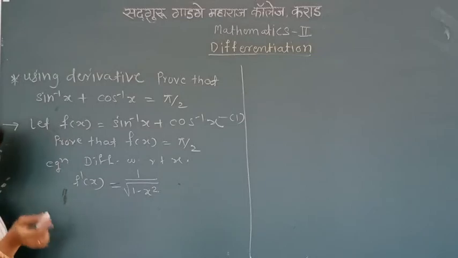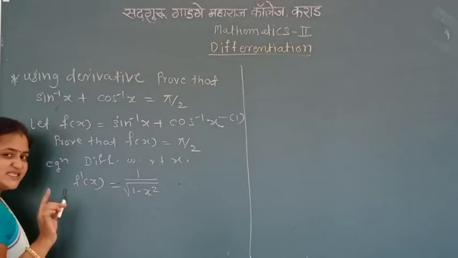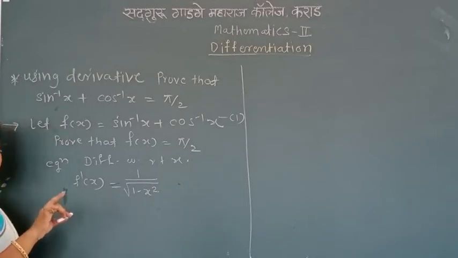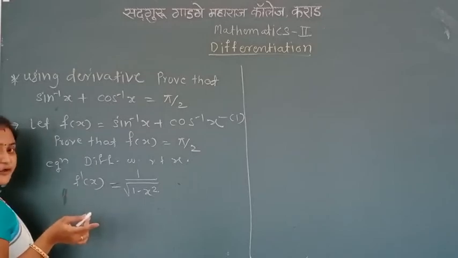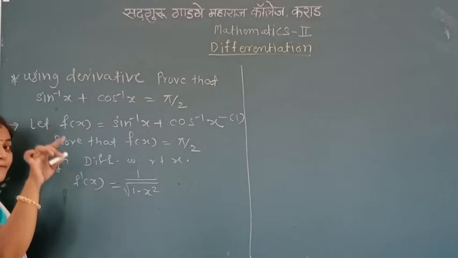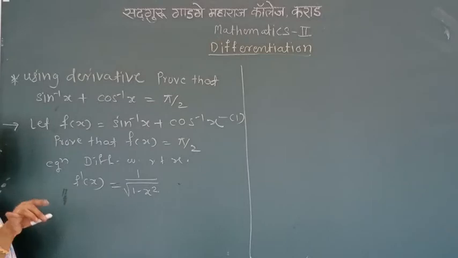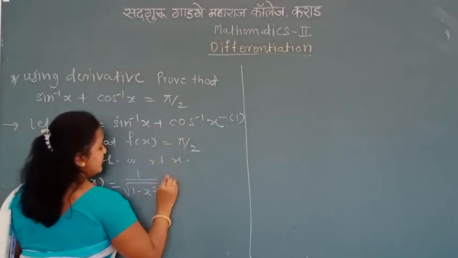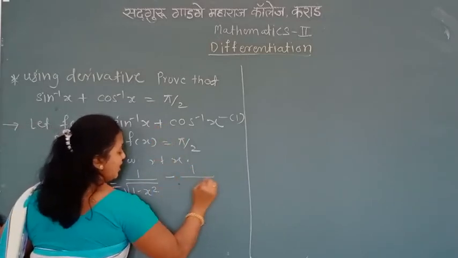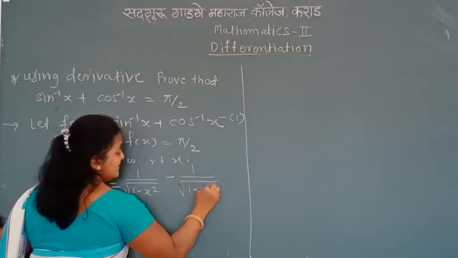What is the derivative of cos inverse of x? Which is the same, only with a minus sign. So cos inverse x derivative is minus 1 upon square root of 1 minus x square. So this plus, we can write minus 1 upon square root of 1 minus x square.